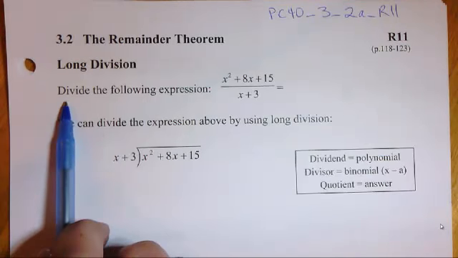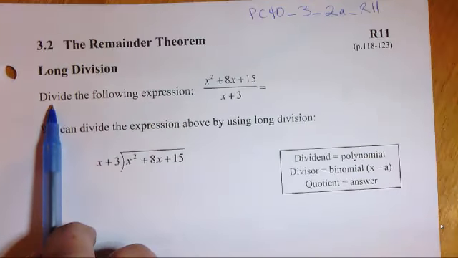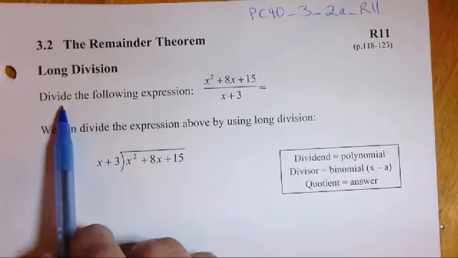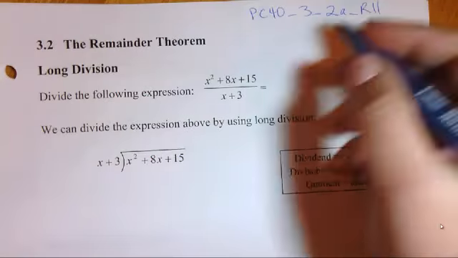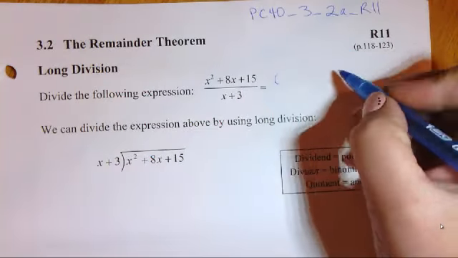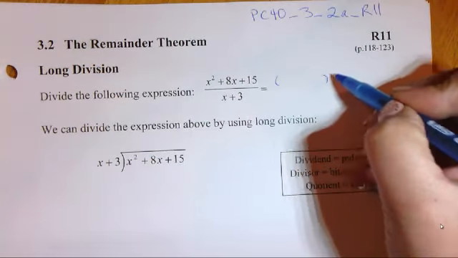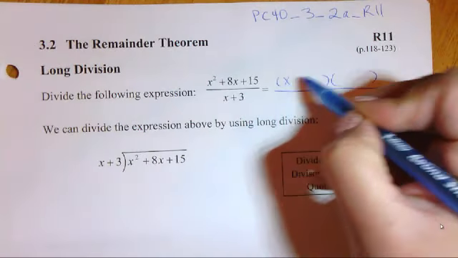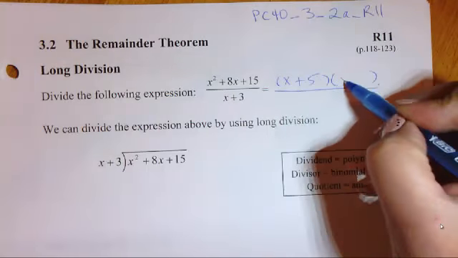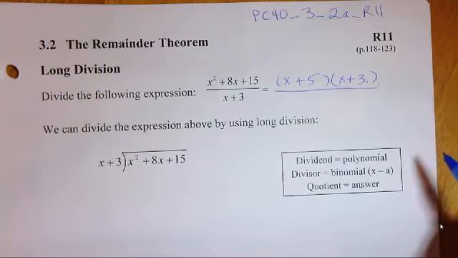First, if we can take a little trip back to grade 11 and look at this question here. It says divide the following expression. The way we'd approach this last year would be to factor the numerator, which would end up being x plus 5 and x plus 3.